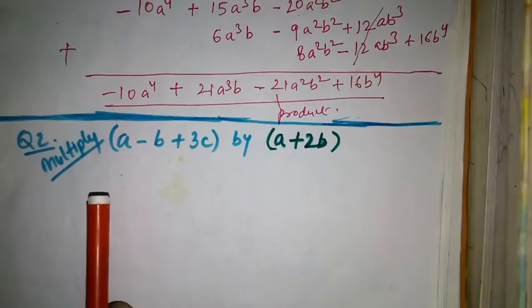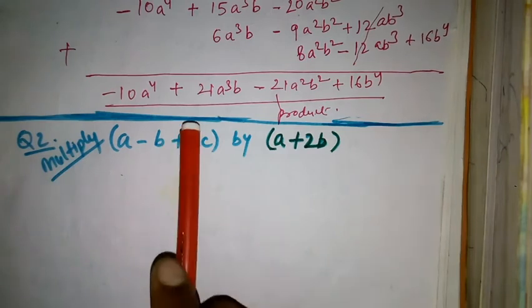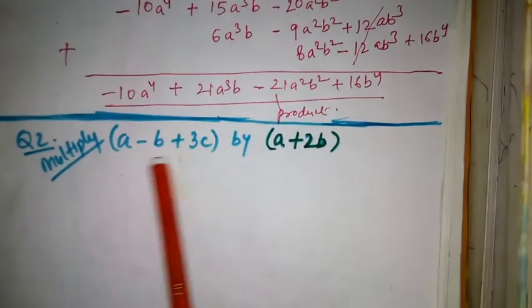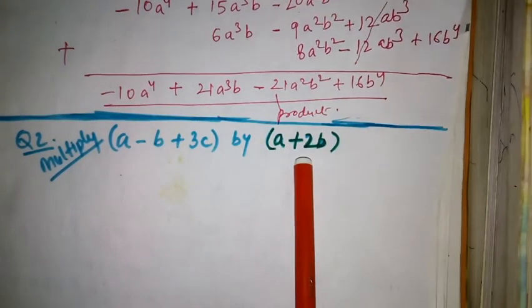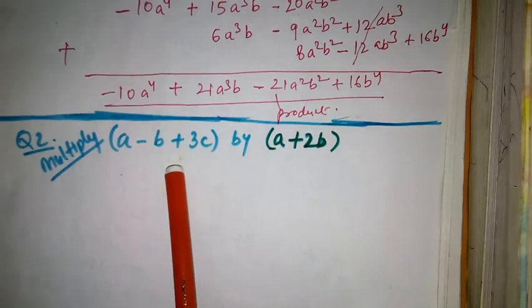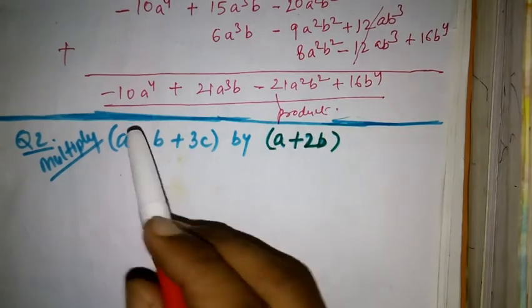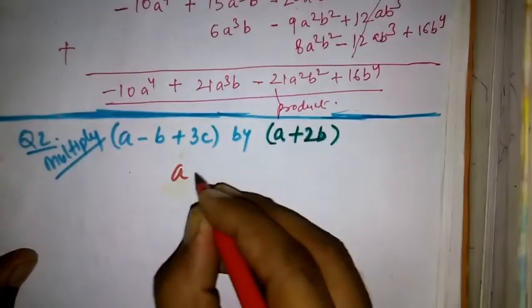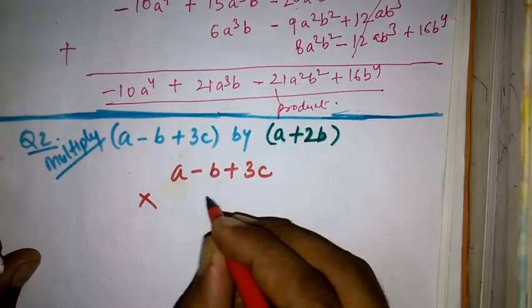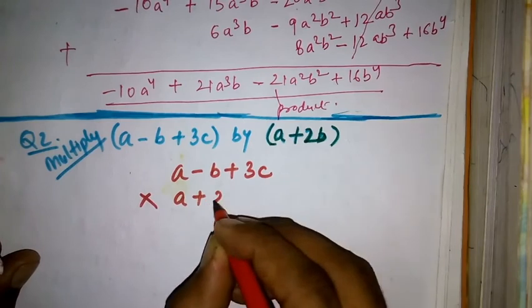Now students, let's take one more question in which we have to multiply a trinomial expression by a binomial expression. We can use either the column method or the row method of multiplication. Here I am explaining the column method. First of all, we write a minus b plus 3c multiplied with a plus 2b.